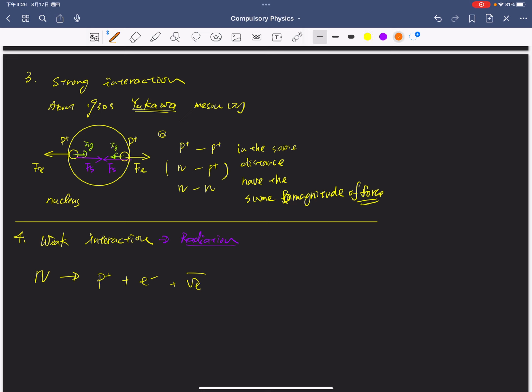If you find that the products of the reaction include electrons, we call this reaction beta decay. Okay, so this is the beta decay. Finally, there are the positive electron and the antineutrinos.